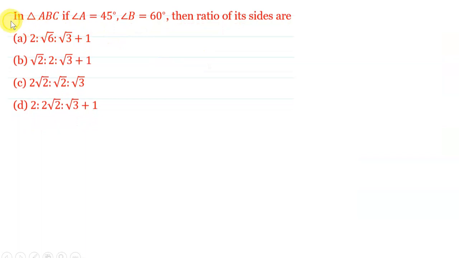Now the next. In triangle ABC, if angle A is 45 and B is 60, then the ratio of its sides is.